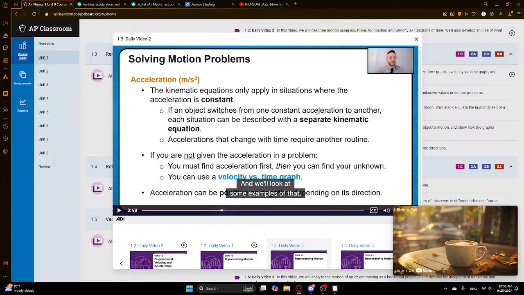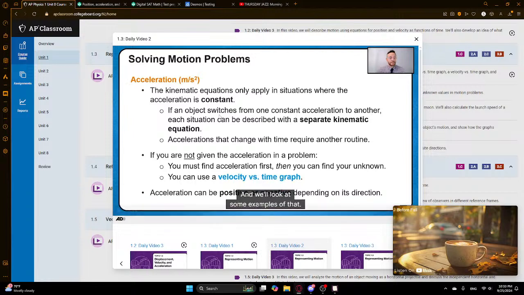If an object switches from one constant acceleration to another. Alright, here I'm gonna write this down instead. Acceleration can only be found when it is constant.